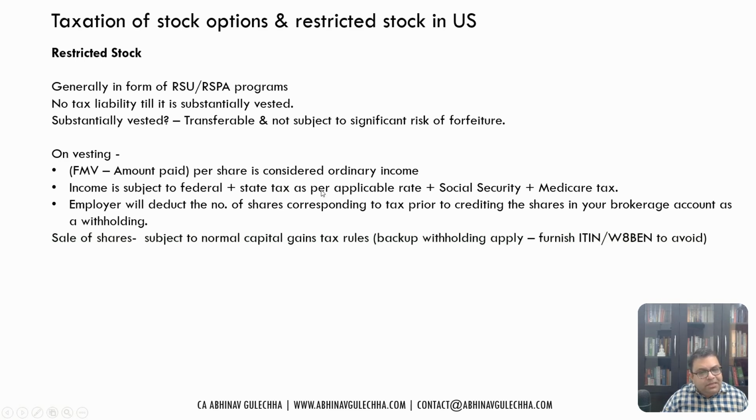Now, the sale is subject to the normal tax rules. The capital gain will be there: less than 1 year, normal ordinary income; more than 1 year, 0, 15, or 20%. Now, there are backup withholding rules that will apply. So, if there is no ITIN or W-8BEN on file, a 24% backup withholding will apply.